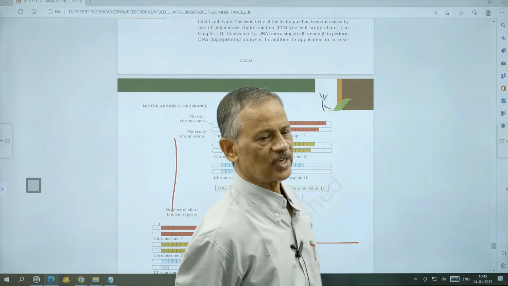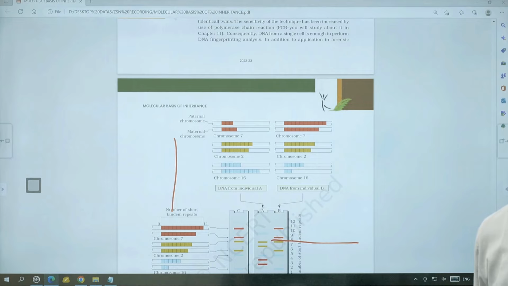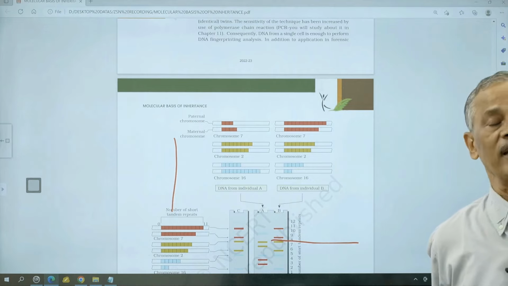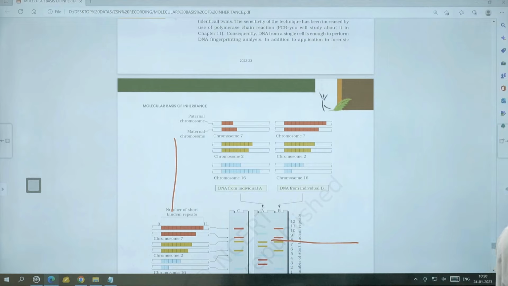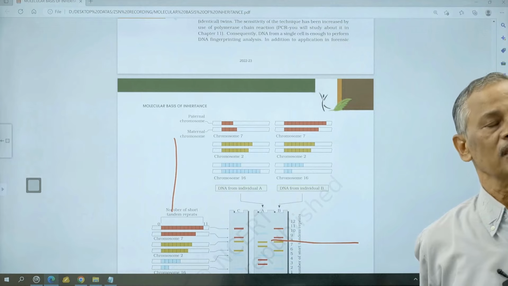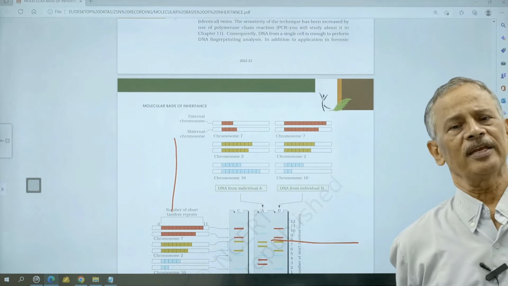Thus, this technique became a very important tool in deciding disputed parentage problems. Even courts are accepting this technique as a scientific tool in clearing disputed parentages.